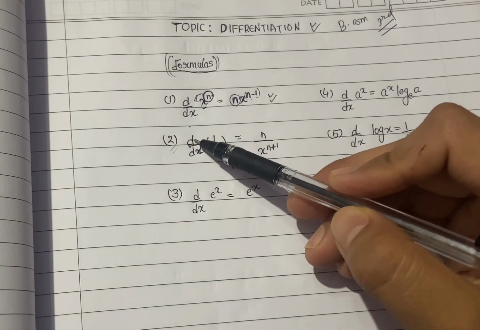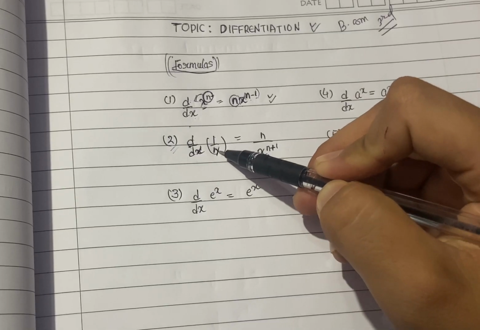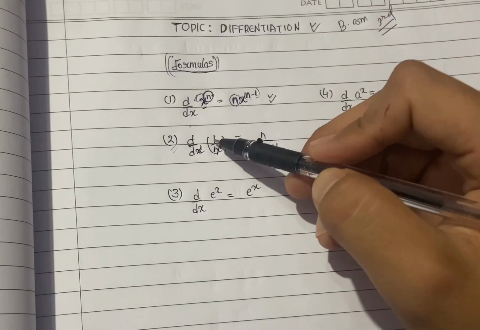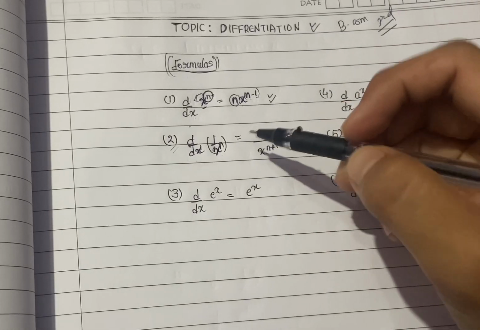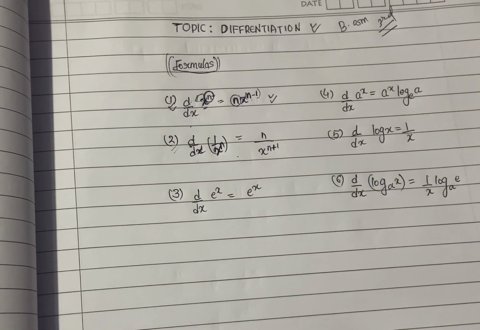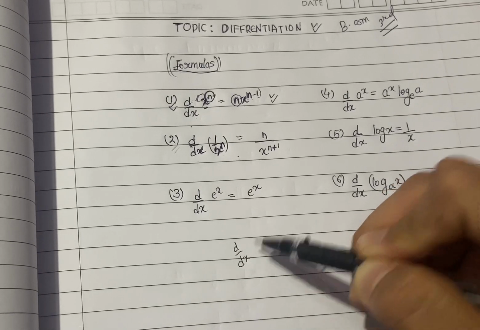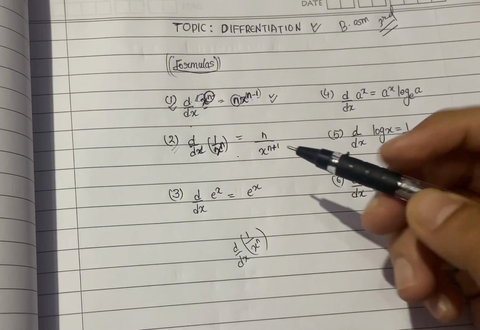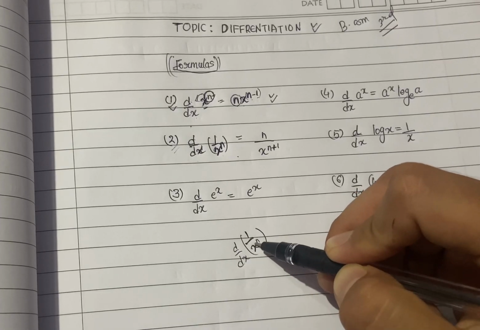So number 2, d by dx of 1 by x to the power n. Now this was in the numerator, and now it has come in the denominator. So how can we solve it? We will use the same formula to derive this formula. What we can write is d by dx of 1 by x to the power n.